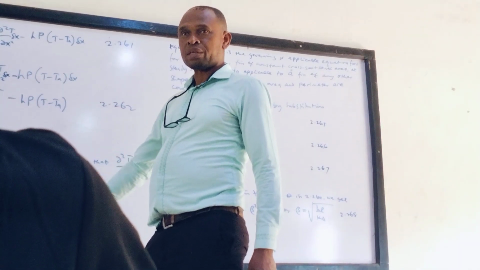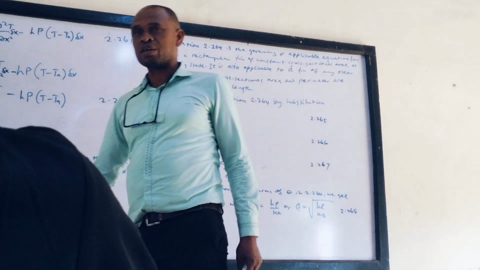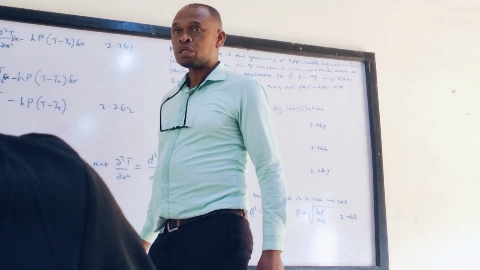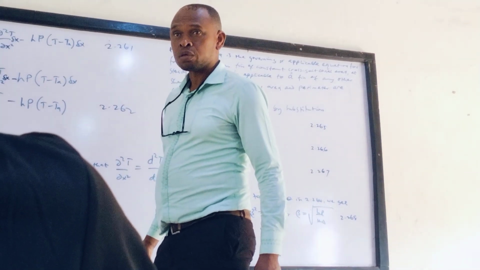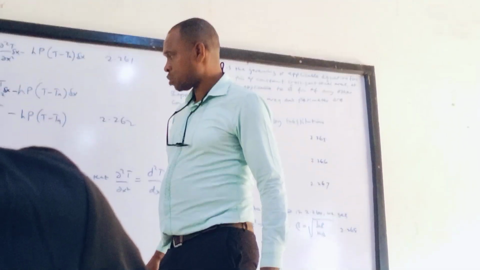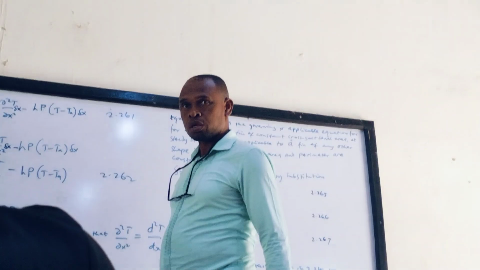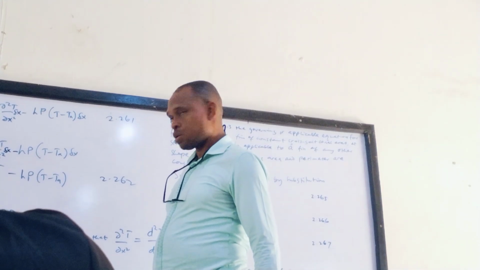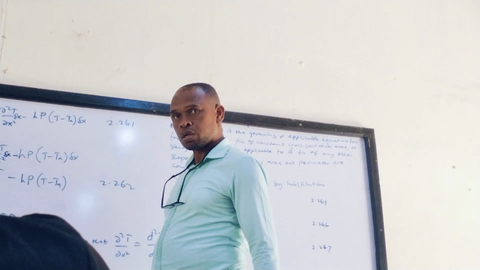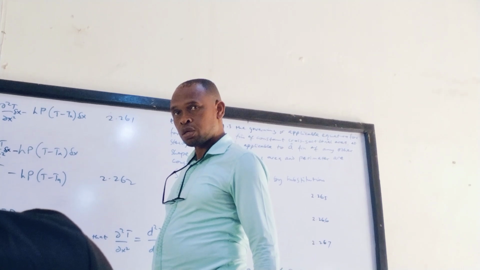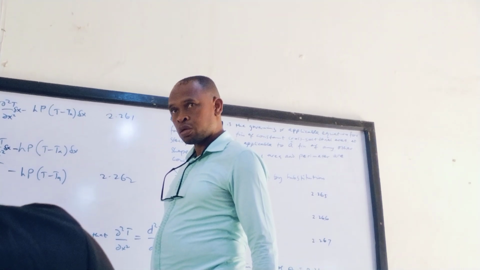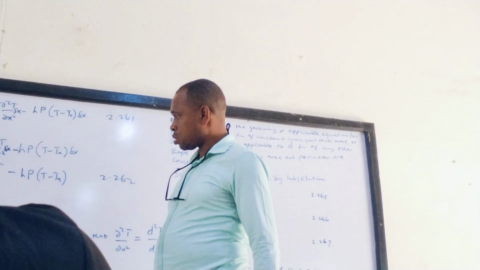Then, as a mathematician, how do you solve this kind of thing? It's homogeneous. If it is homogeneous, it will be equated to 0. If you cross over T, it's still going to be equal to 0, because the function there actually is T, and T is on both sides.